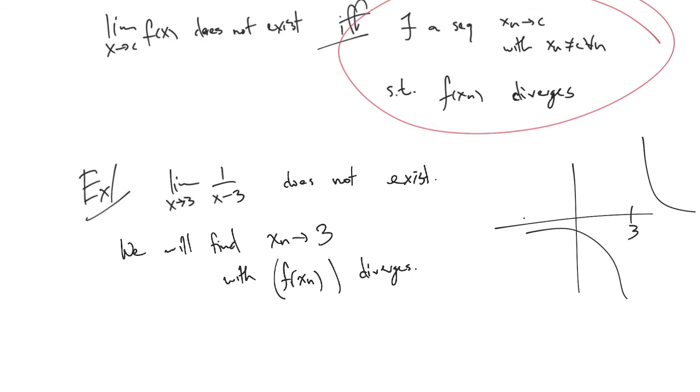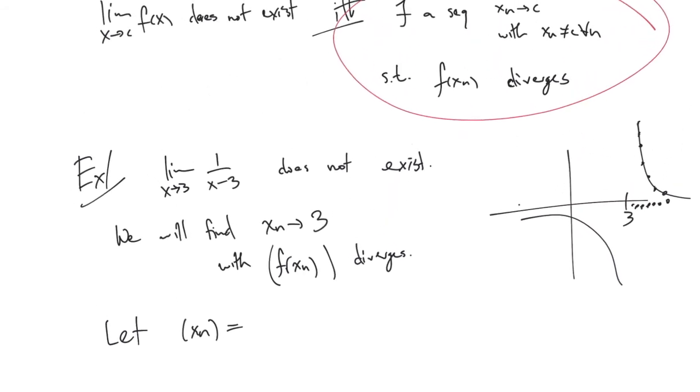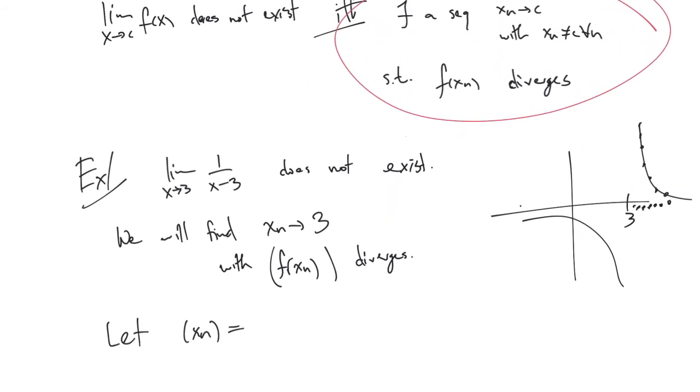Like on the picture, I would suggest maybe a sequence which approaches 3 from the right side. Then the y values, when I plot them on the function, will go up like crazy, won't they? And so they will diverge. That's the idea. Can we think of an appropriate sequence? You have to be specific about this. There are many possible answers, but what do you think? I want a sequence which approaches 3.